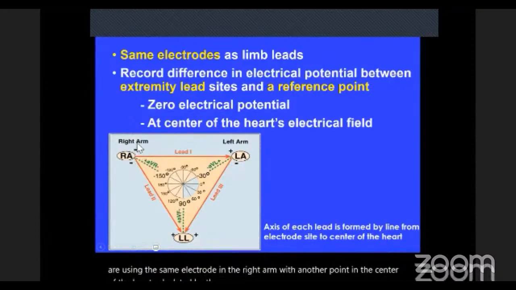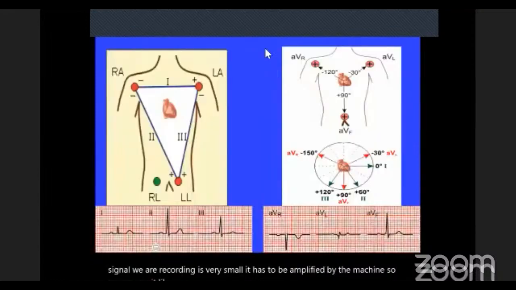In that case, we have the augmented vector right. If you use the electrode on the left arm, we have the augmented vector left, and for the lower limb, augmented vector foot. It's called augmented because the signal we are recording is very small. It has to be amplified by the machine so we can see it like other signals.